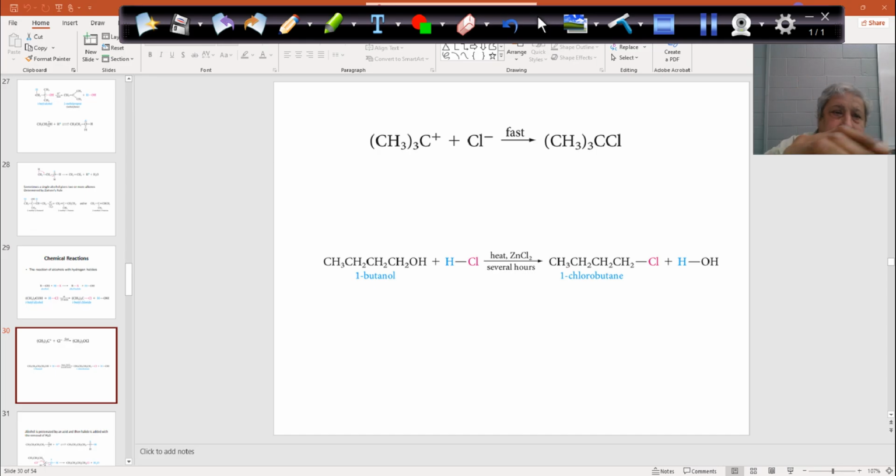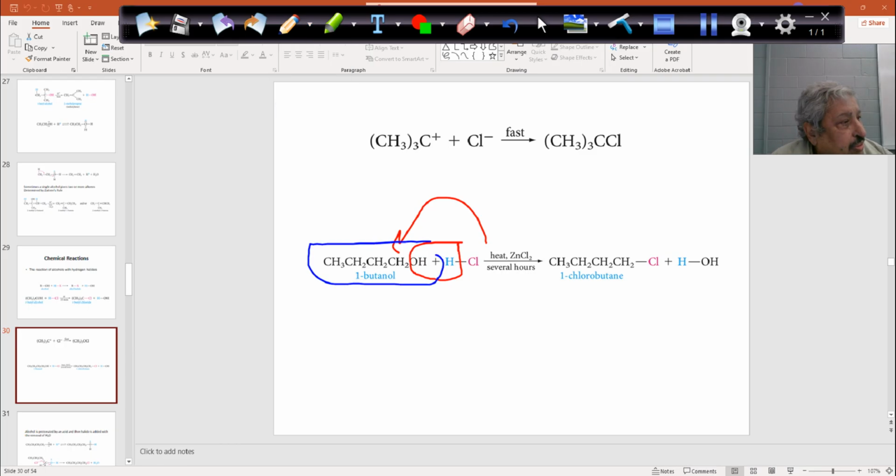Now, as I said, I'm not going through the mechanism of adding the strong acid to the alcohol. We went through that before, but the main thing is you are pulling OH out, and the chlorine will come to this. What type of alcohol is this one here? Somebody tell me?